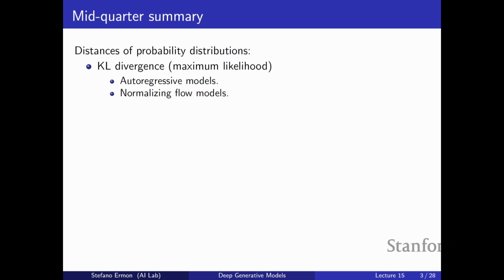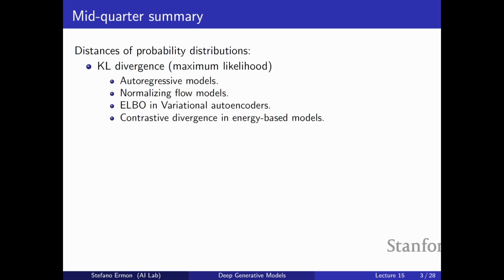So autoregressive models and flow models use it, and the ELBO in variational autoencoders is also an approximation to the maximum likelihood objective. To some extent, contrastive divergence is also an approximation to it, or exact to the extent that you can get perfect samples from the model.